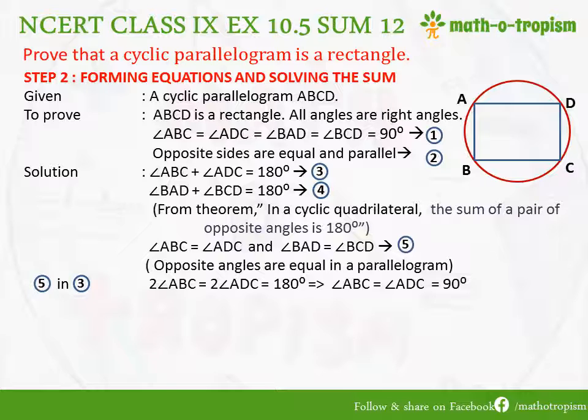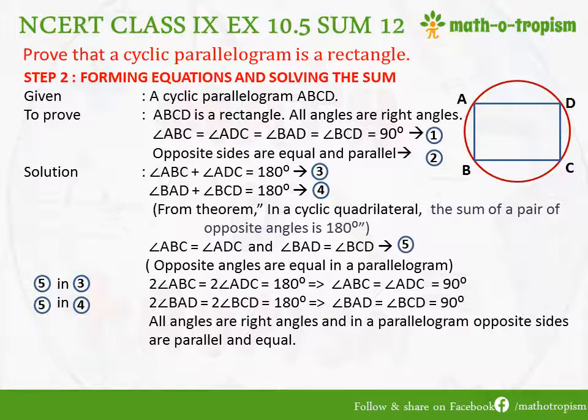So angle ABC is equal to angle ADC is equal to 90 degrees. Similarly, substituting 5 in equation 4, we get angle BAD is equal to angle BCD is equal to 90 degrees. We have now shown that all angles are right angles, and since in a parallelogram opposite sides are parallel and equal, both the conditions for a rectangle have been satisfied. Therefore, ABCD is a rectangle. Thus proven.